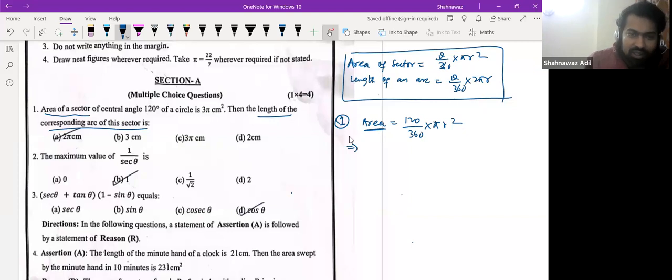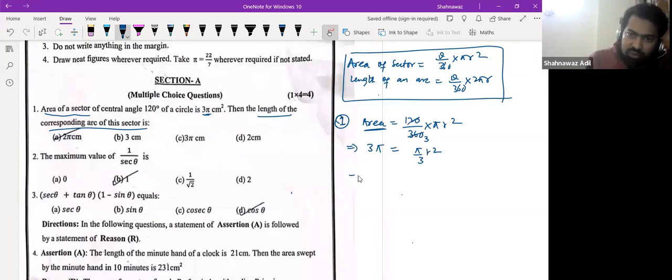The angle is 120 degrees, right? And area is 3 pi. So 120 by 360 is 1 by 3, and this is pi by 3 r square.